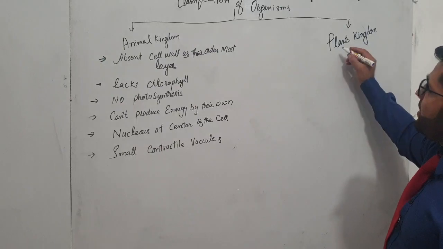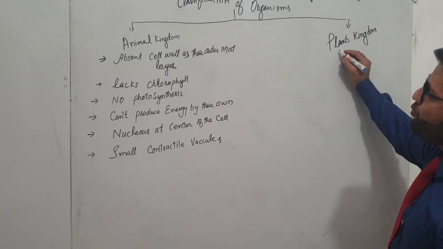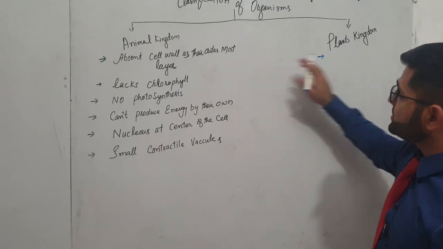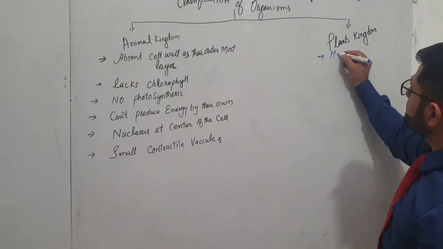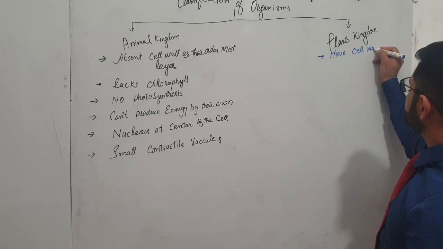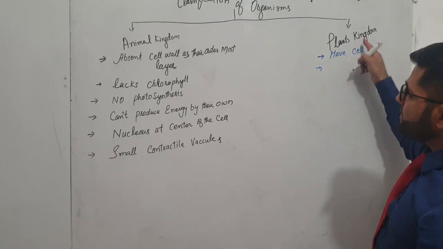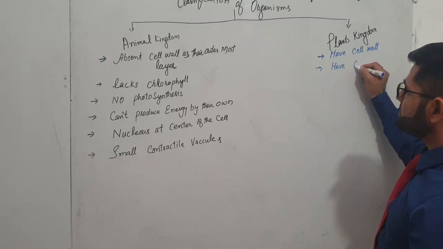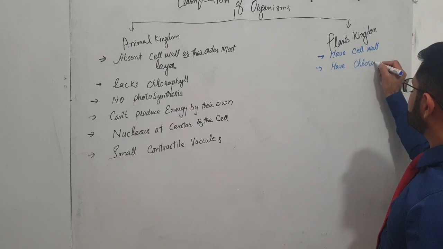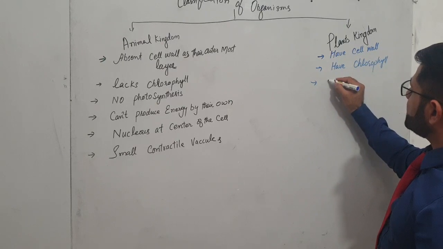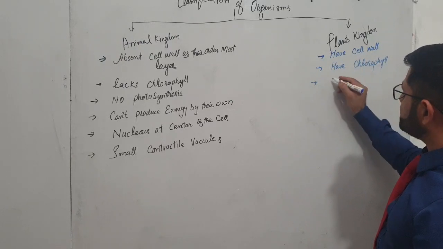In the plant kingdom, all those organisms were placed who possess chlorophyll and have a cell wall. If chlorophyll is present, the process of photosynthesis will be present.